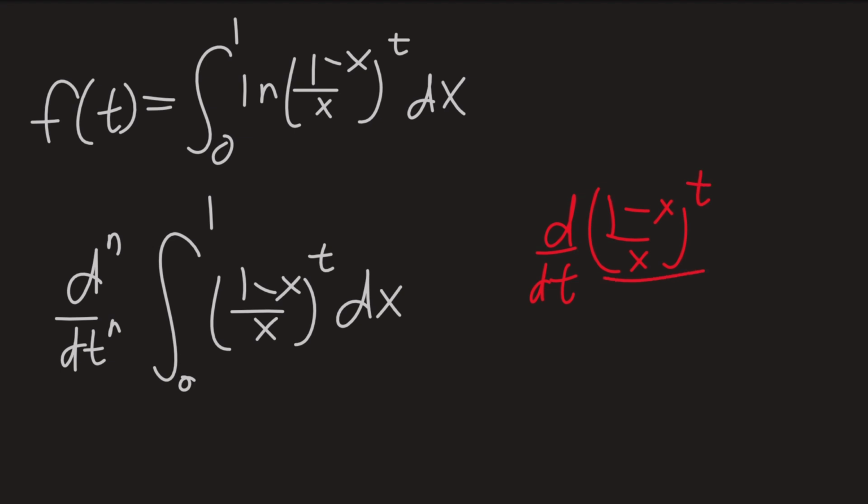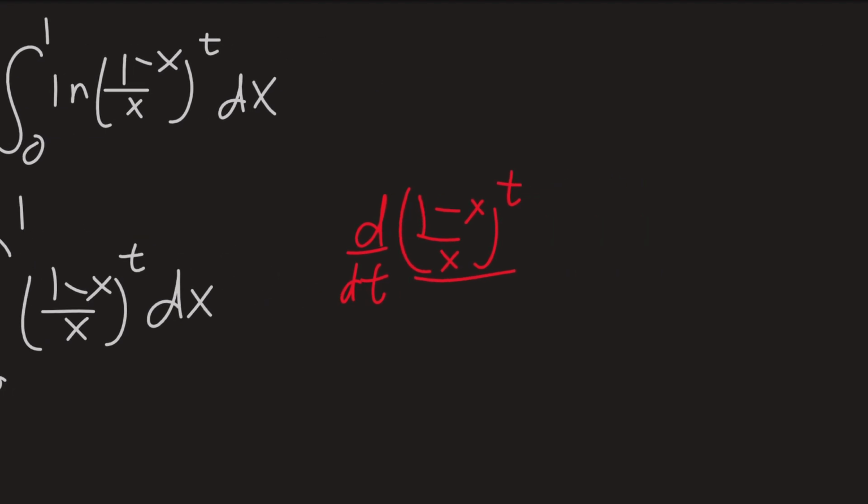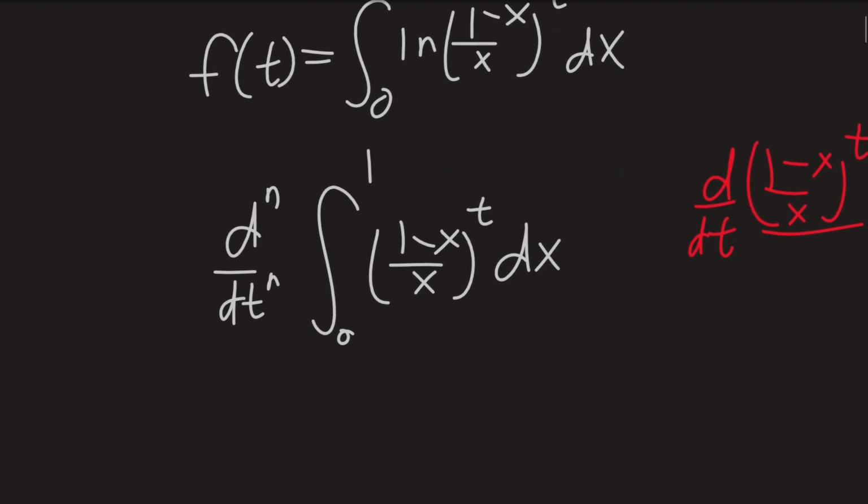So what we end up getting is (1 minus x over x) to the t, but then times a natural log of 1 minus x over x. If we differentiate it n times, we get multiple powers of that, as this does not actually depend on t. So that's the rationale behind this choice.